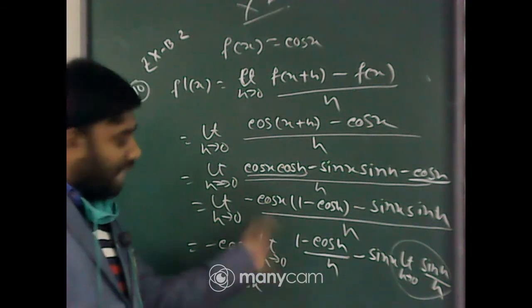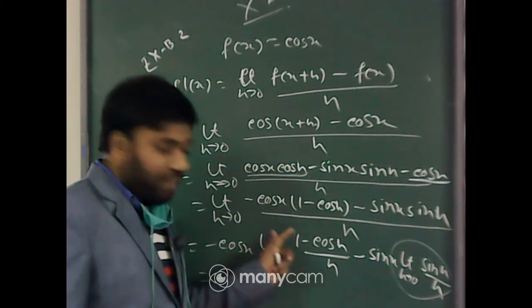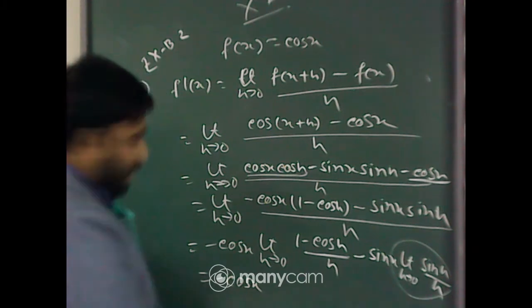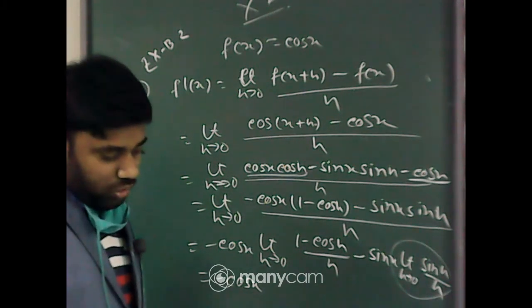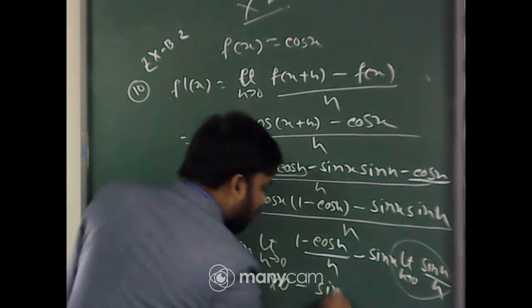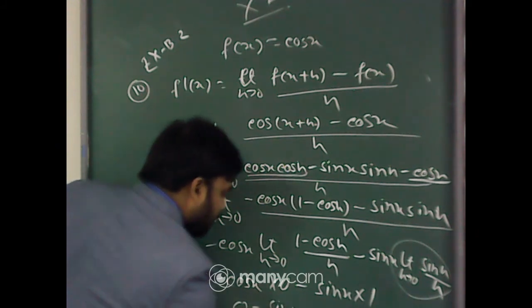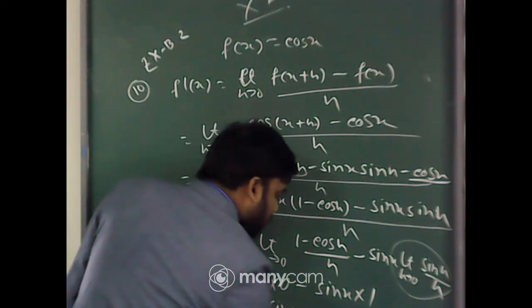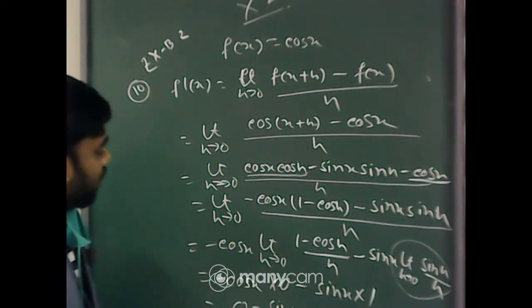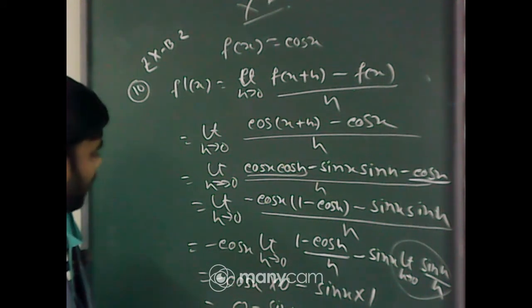In other words, you will find that the limit of (1 minus cos h) by h is 0. Therefore, 0 minus sin x into 1 equals minus sin x. So by using first principle, we have shown that the derivative of cos x is minus sin x.